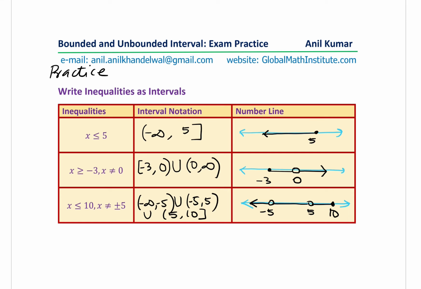Now let's take, I'll just give you one here, the reverse way of doing it. On a number line, I'm going to mark an interval and I would like you to provide these two parts, which is to write an inequality and write interval notation, right?